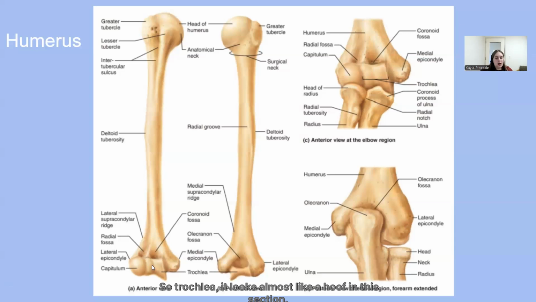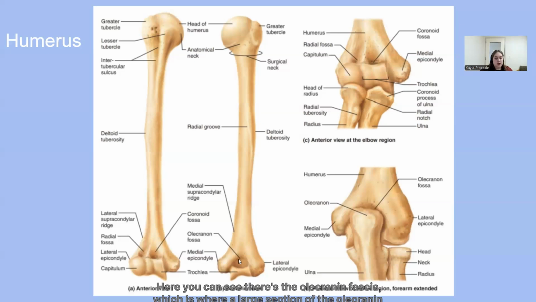The trochlea looks almost like a hoof in this section. It's a very specific shape to the bone, so it should be relatively easy to see where the trochlea is in comparison to the other features. And the trochlea is what connects to the ulna, specifically the olecranon process.